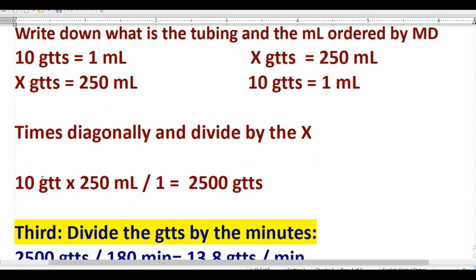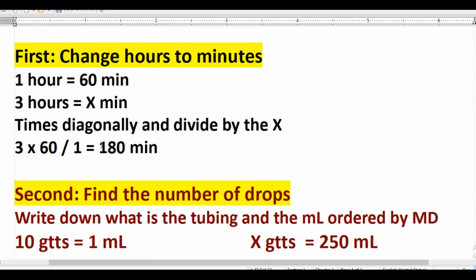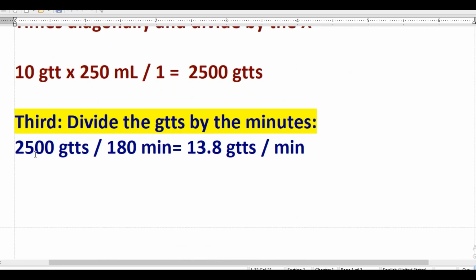So 10 drops times 250 divided by 1 is 2,500 drops. So we have 2,500 drops divided by 180. See? 2,500 drops divided by 180 gives us 13.8 drops per minute.